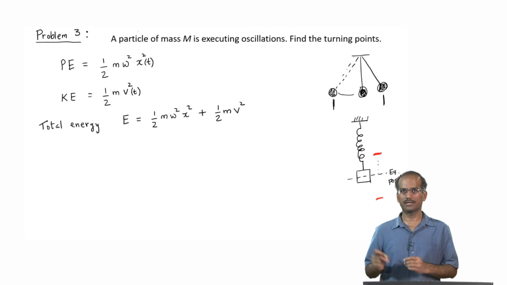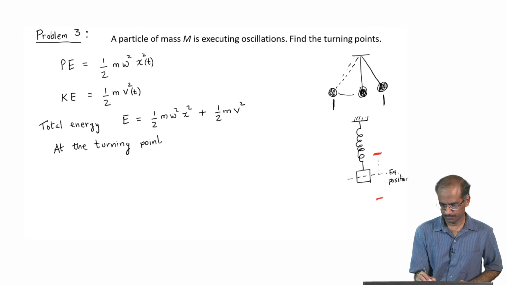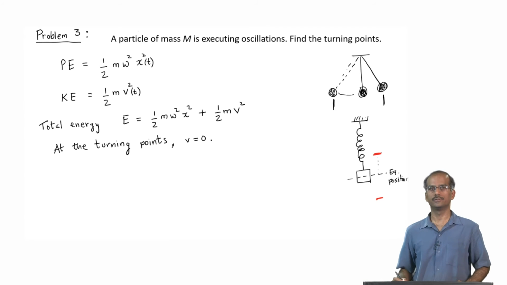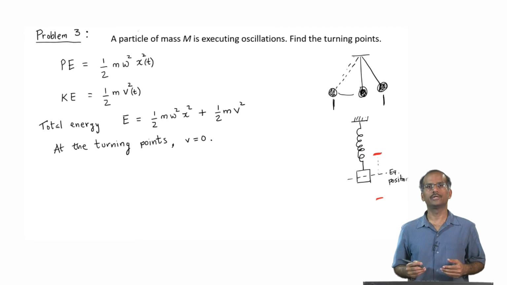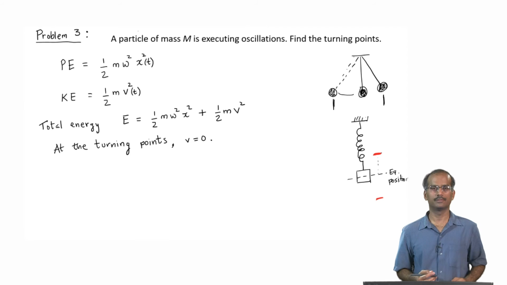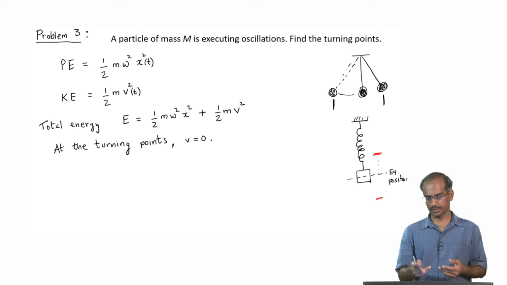So, precisely at that point the velocity is 0. So, it is reasonable and correct to say that at the turning points velocity is 0. So, all I need to do then is simply plug in that velocity is 0 and find the value of position x.